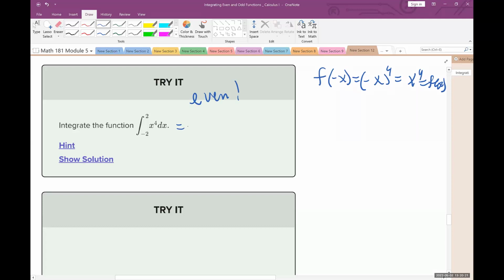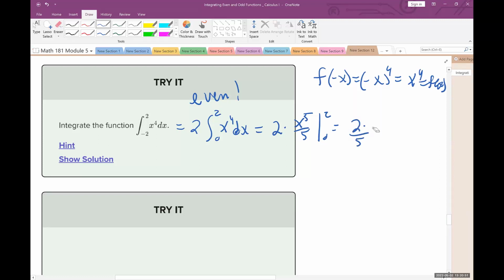Okay, so we can change this into what? Now, you don't have to use it, but it's kind of a time saver. You could change it to 2 times the integral from 0 to 2 of x to the 4th dx. So what would that be? 2 times x to the fifth divided by 5, evaluated from 0 to 2.